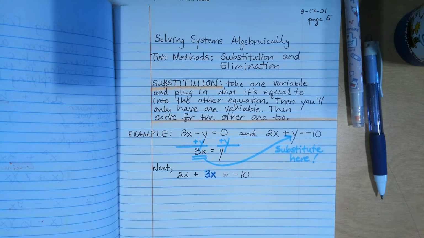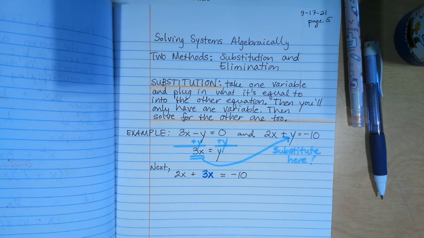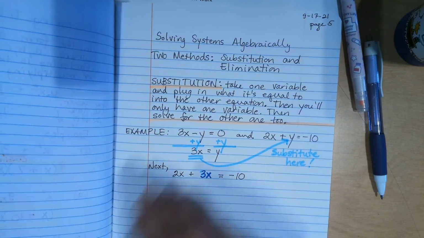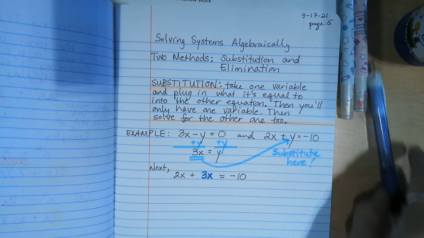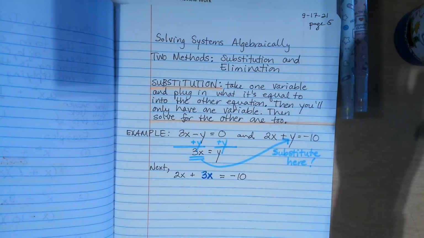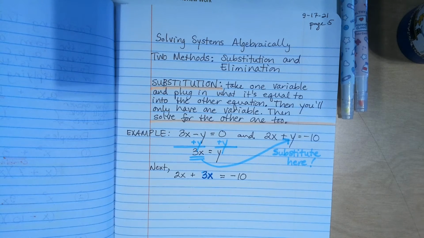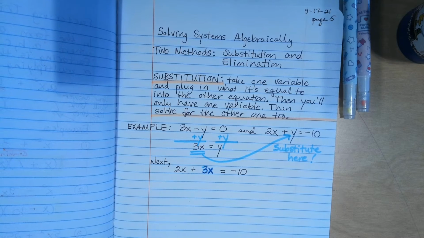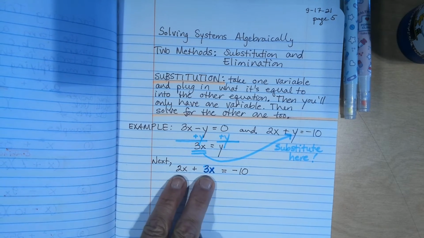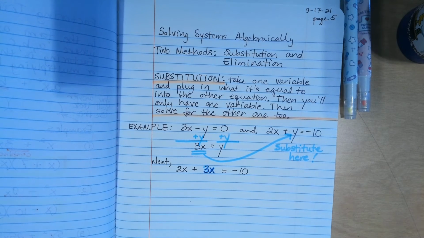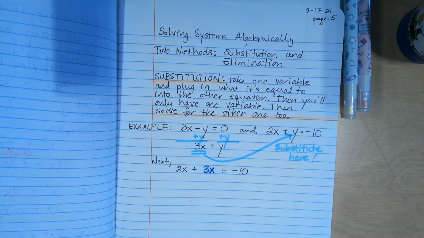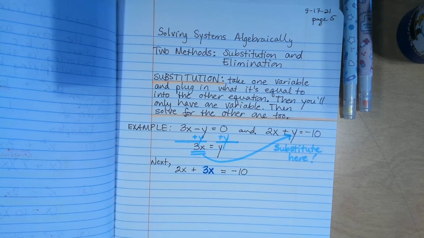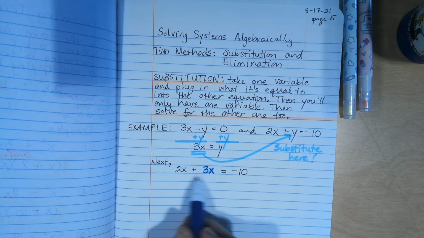So Shelby, what would you do next? Sorry, I know I write fast. Yes, Jack, what would you do? So you're telling me how to do the whole problem? I'm just asking what would you do next. I would add those together, right?